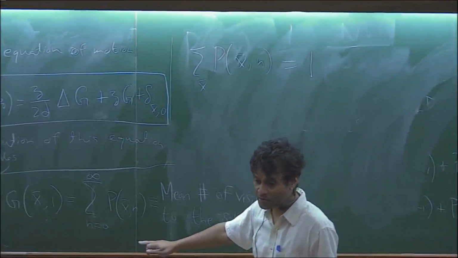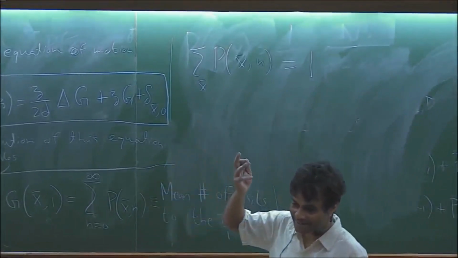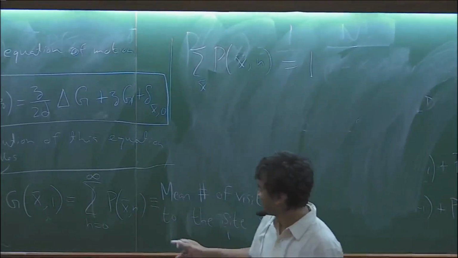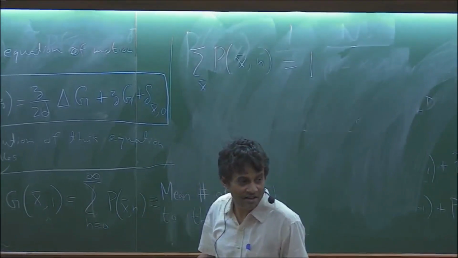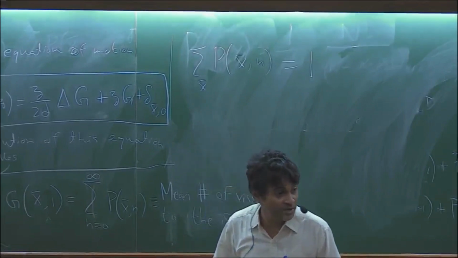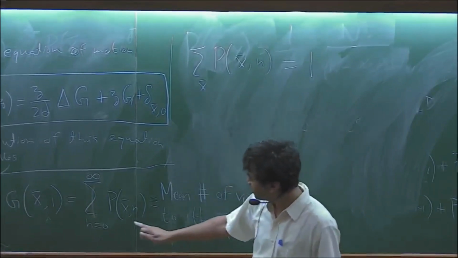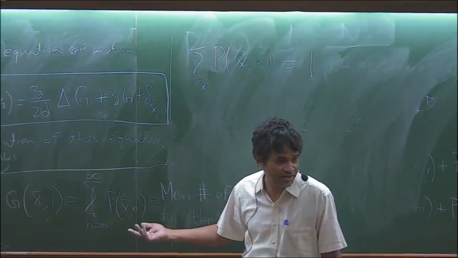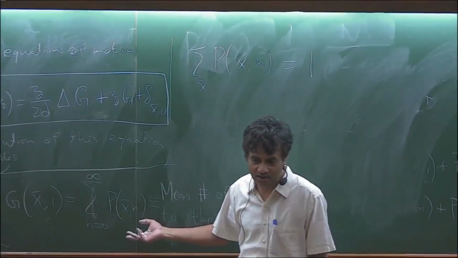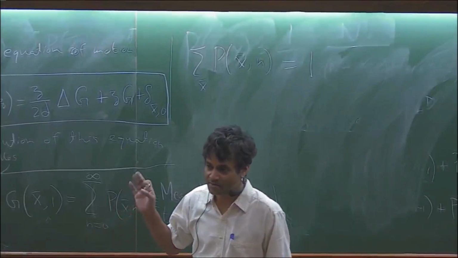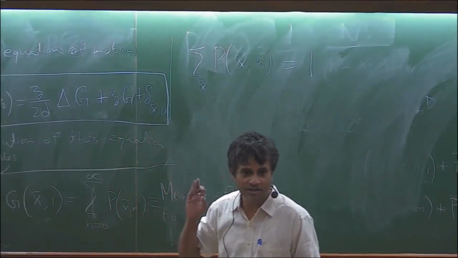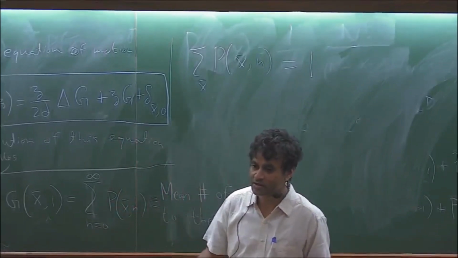Here there is no n now, I mean this formula has no n. You are waiting for infinite time. The walker is walking, walking, walking, and you just ask on average how many times a site is visited.